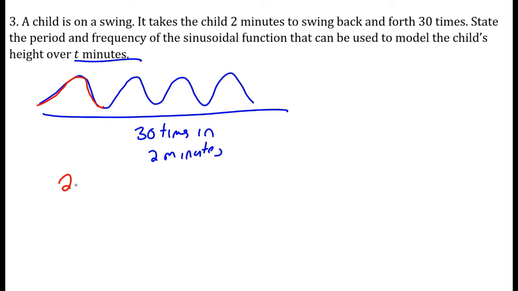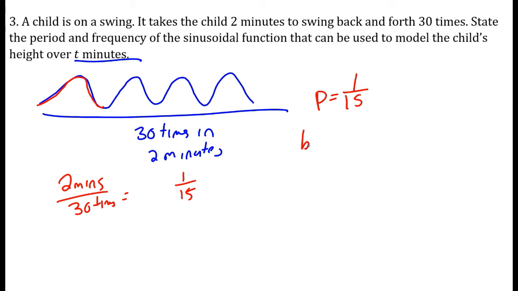Well, 2 minutes out of 30 gives me 1 over 15. It takes 1 over 15 minutes to get through one time. So the period is 1 over 15. It takes 1 over 15 minutes to get through one cycle.